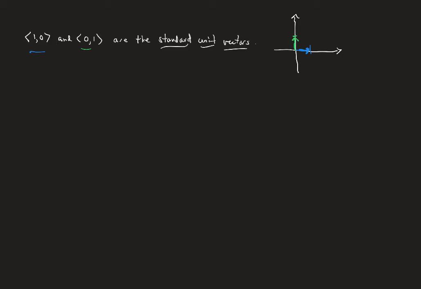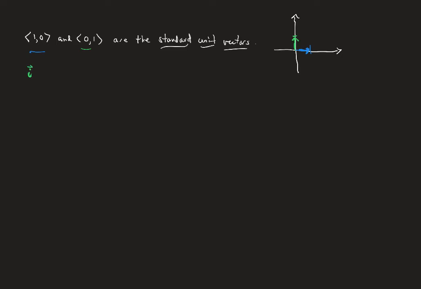Now, there's some more notation I'm going to throw at you here. Another way of referring to these vectors is we'll use i, and in the book this will often be written as a boldface i, to indicate that it's the unit vector in the direction of the x-axis.